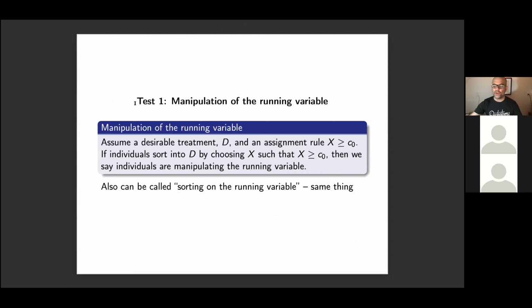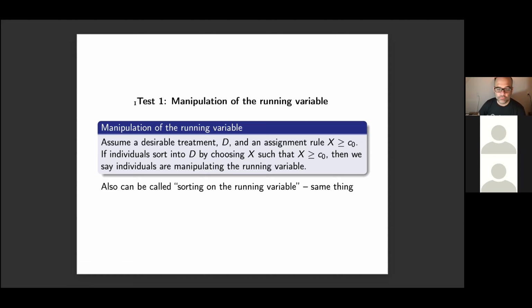So assume that there is some desirable treatment. And then you have some rule that when the running variable exceeds the cutoff, individuals will sort into treatment, not by choosing the treatment, but by choosing the value of their running variable. They'll choose the grade that they got on the SAT score, and by choosing the grade, they either get into the University of Florida or don't.